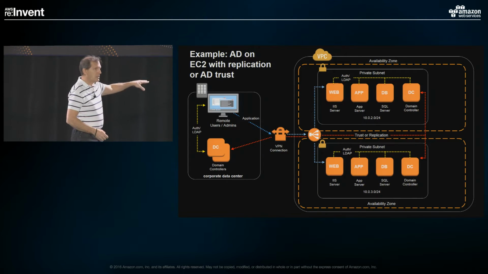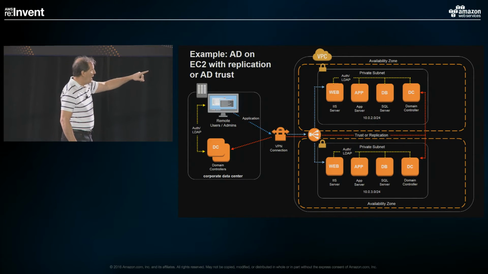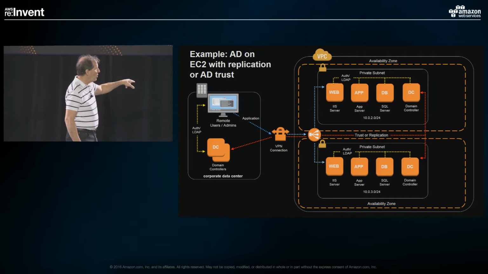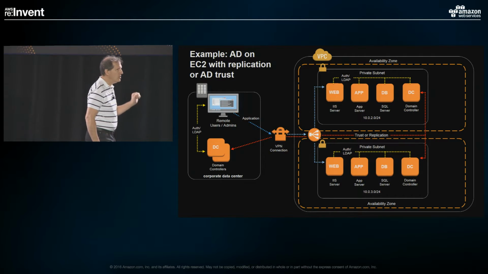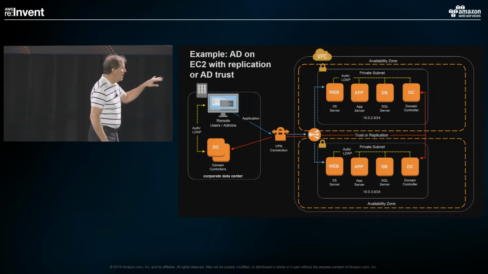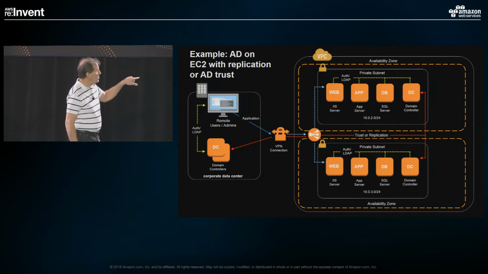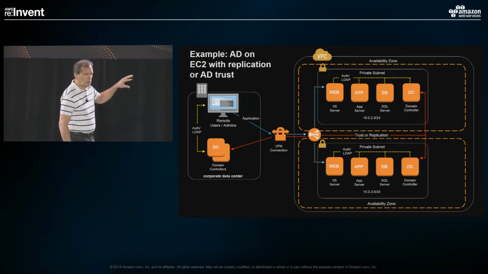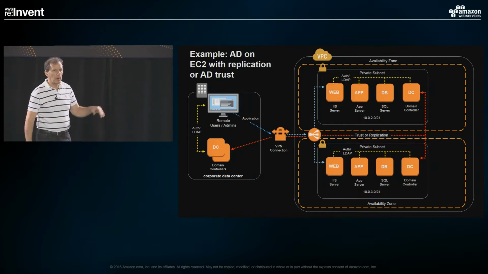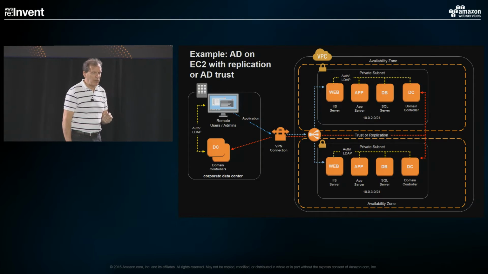But in this case, we're talking about extending your existing on-prem network, and we're creating either a trust or setting it up so that you can replicate the directory between your on-prem and in the cloud. So if you're going to do this configuration, you're going to be doing a lot of the management and the configuration, and I'm going to cover more detail about that and what some of the considerations are later.